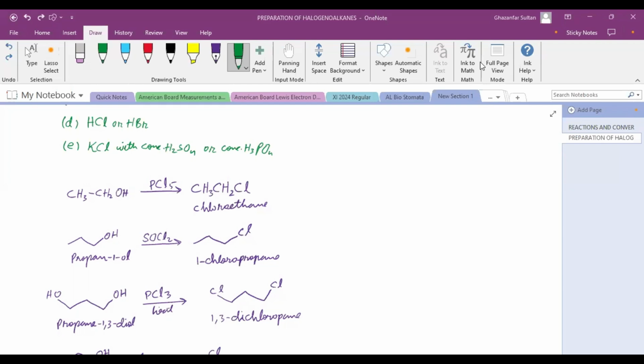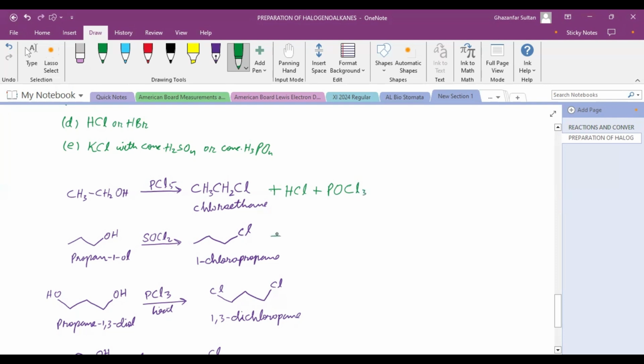Okay, now see the byproducts which are obtained during the reaction of these reagents. Here the ratio is 1:1. One chlorine combines with hydrogen to produce HCl, while the other one produces the halogenoalkane, that is chloroethane in this case, and the oxygen combines with phosphorus to produce POCl3.